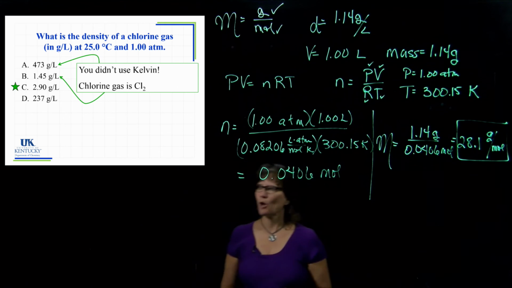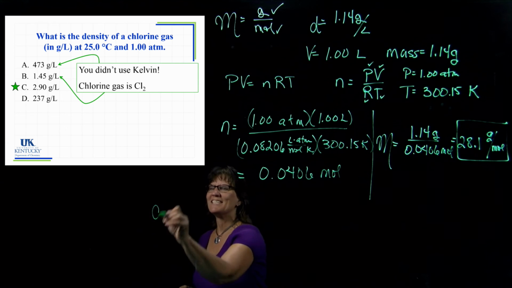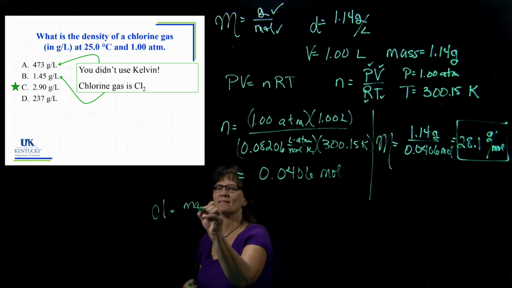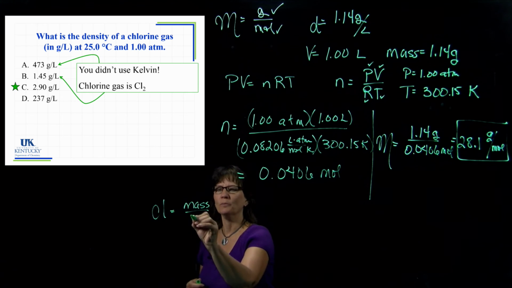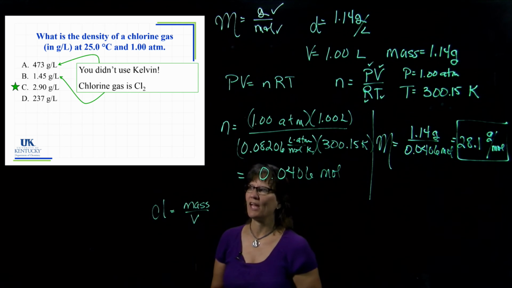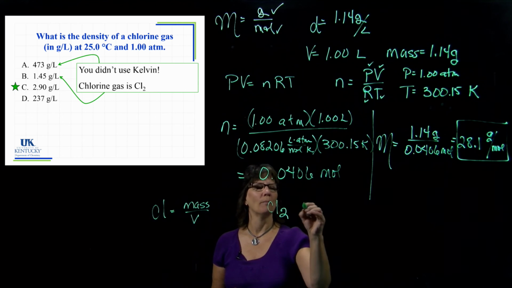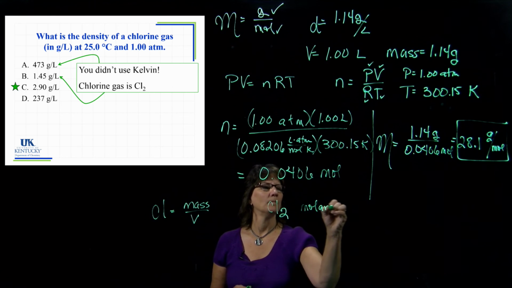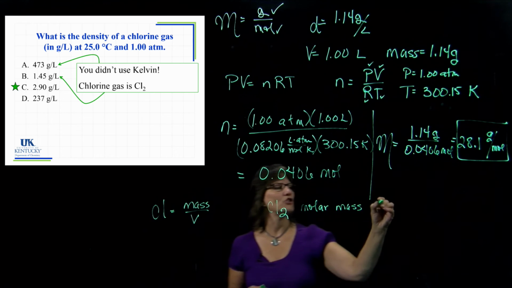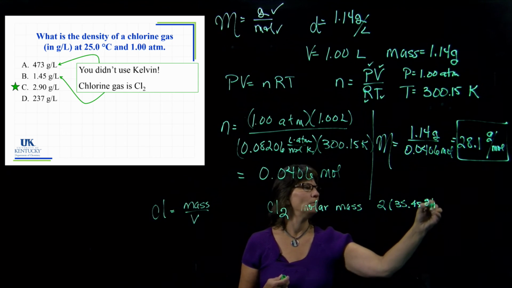So it says here I'm trying to calculate the density. Density equals mass, or grams, over volume, which is in liters for this case. I have a chlorine gas. So Cl2 gas has a molar mass of 2 times 35.45 grams per mole.